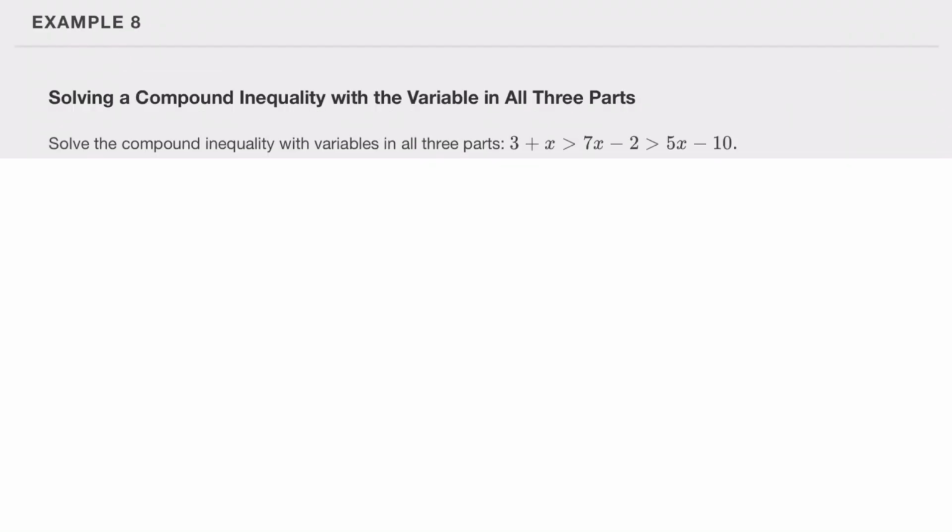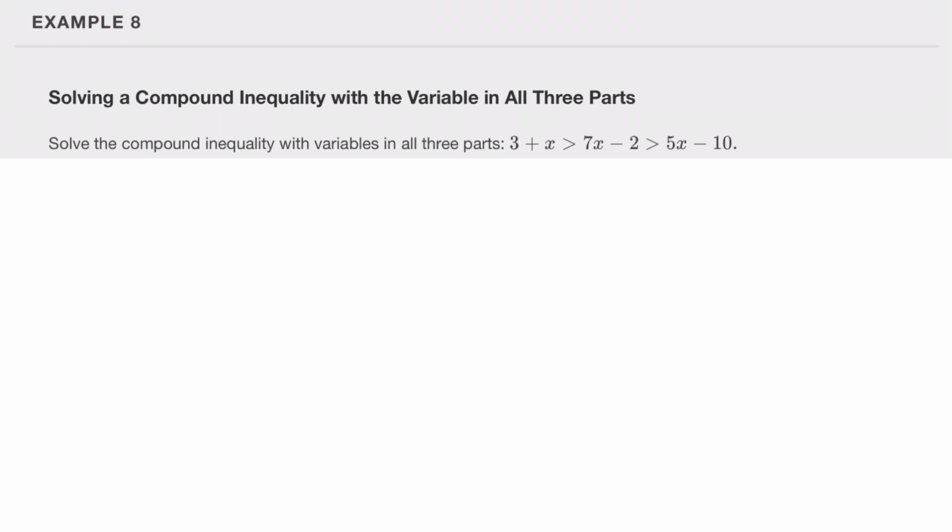Solve the compound inequality with variables in all 3 parts. Let me think about it. Okay. So for something like this, I would break it apart.